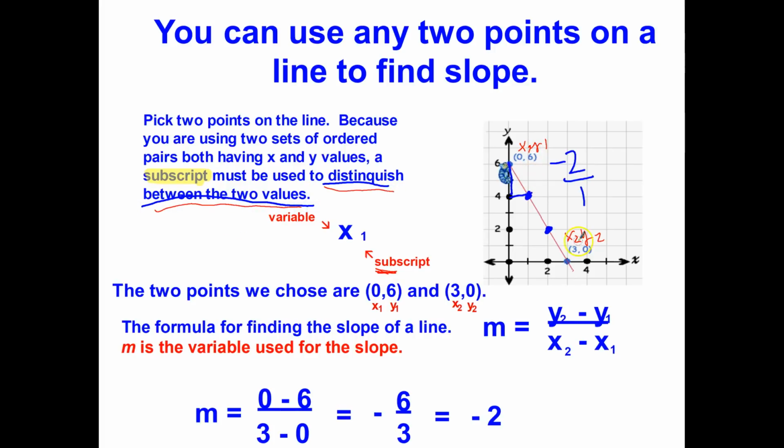You have an x, y and an x, y. So (0, 6) is x sub 1, y sub 1. (3, 0) is x sub 2, y sub 2. Know this. Why do we use subscripts? To distinguish between the two values.